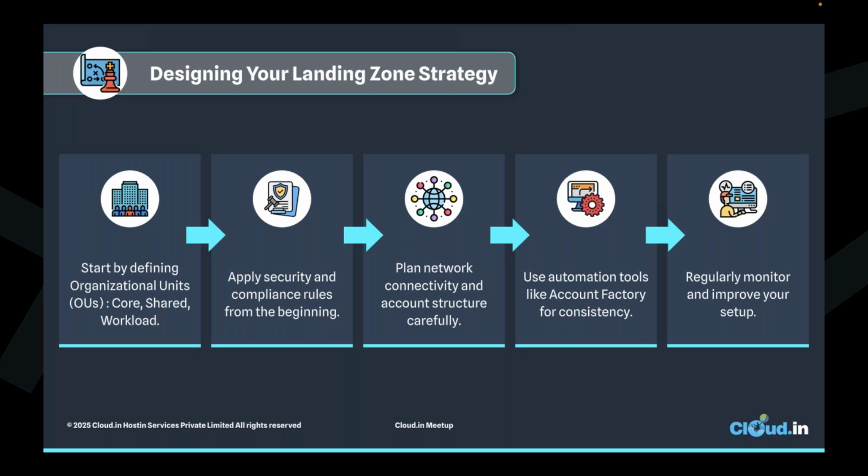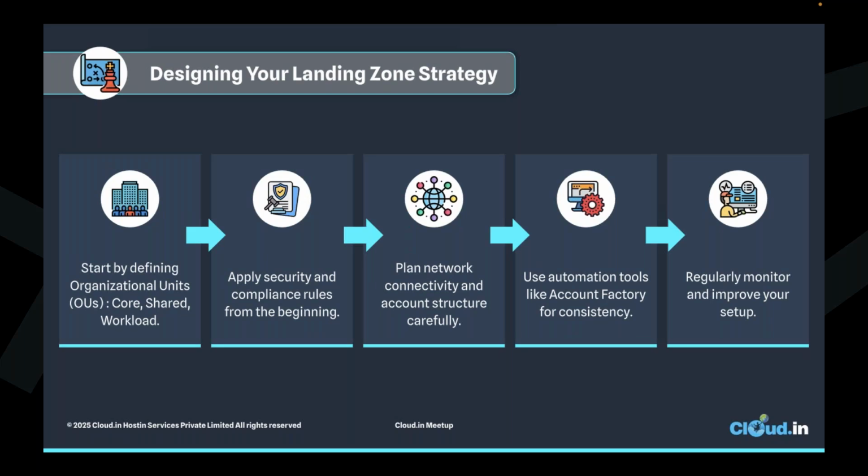Next is plan network connectivity and account structure carefully. A well designed landing zone also considers how different accounts communicate with each other. Plan your network layout including VPCs, subnets, and shared services before the deployment.